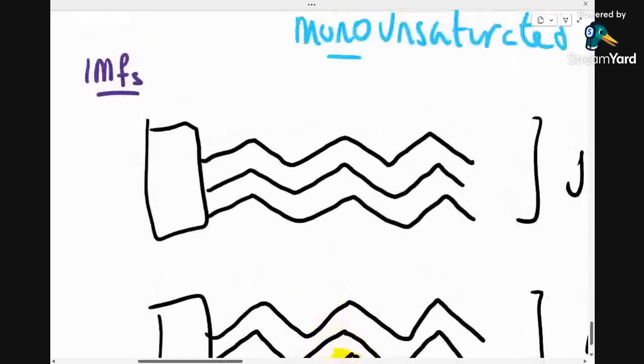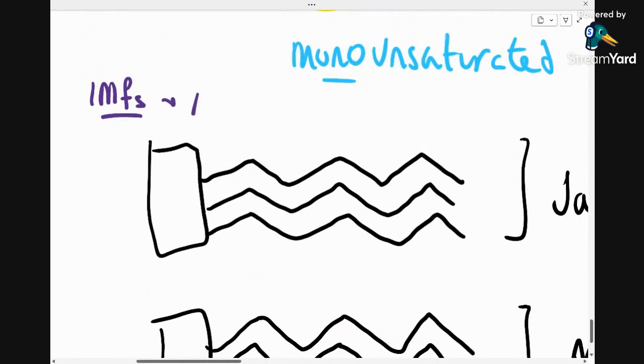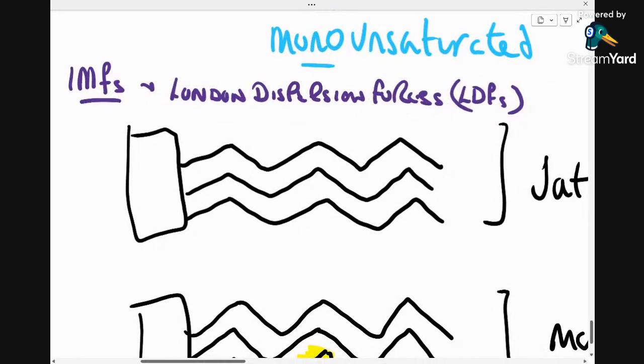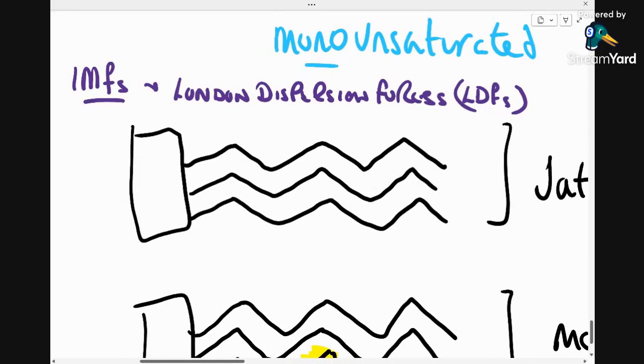So these intermolecular forces that I'm going to talk about are called London dispersion forces, or LDFs. And these are fairly weak intermolecular forces, but they exist between all atoms that have electrons. So I'm going to draw them like this. You get the point.